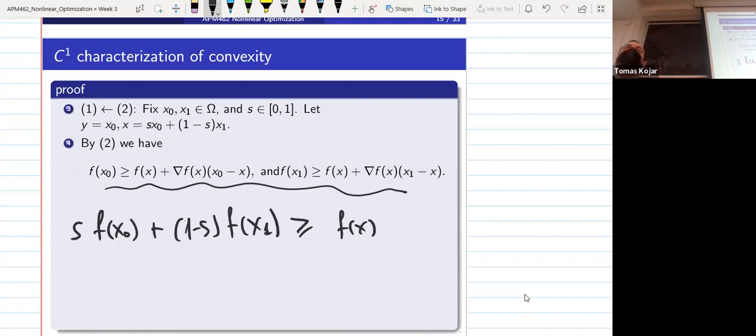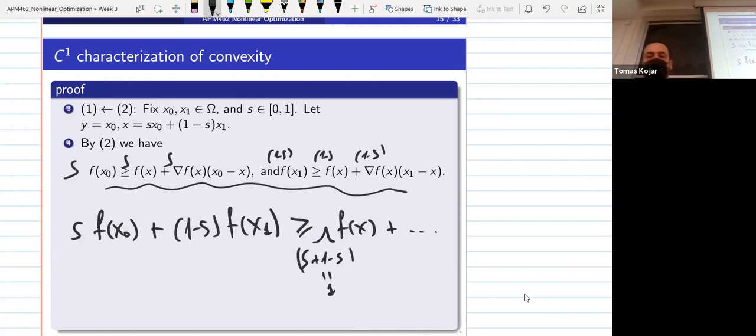How do I first get this on the left? Good. But then when you add them, the s plus 1 minus s becomes 1.